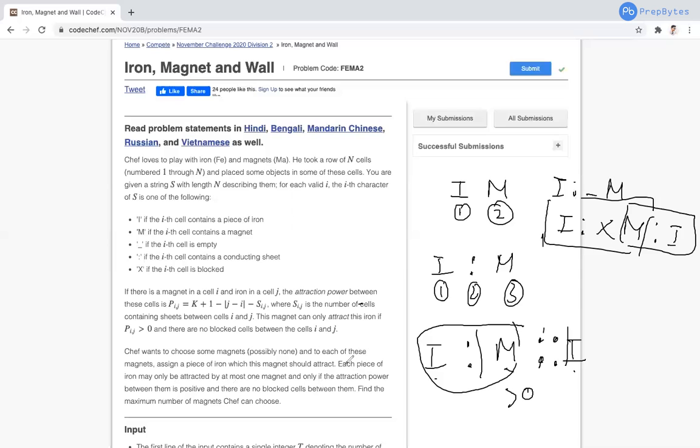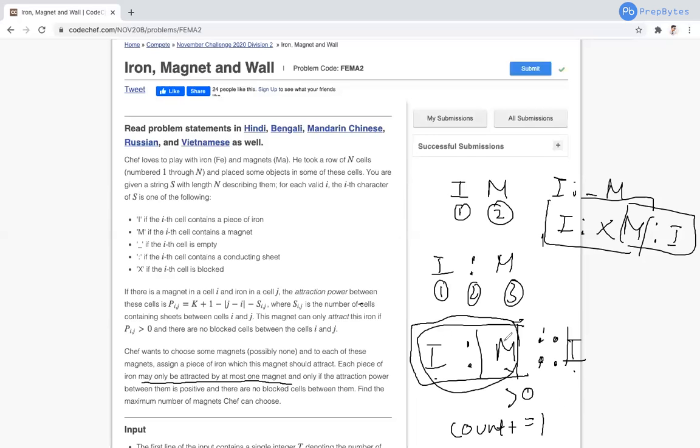What this line means is that each piece of iron may be attracted by at most one magnet. If the attraction power of this iron and magnet pair is greater than 0, then they are able to attract each other.